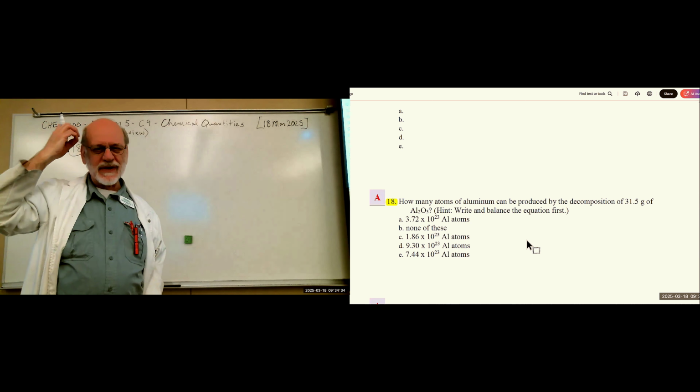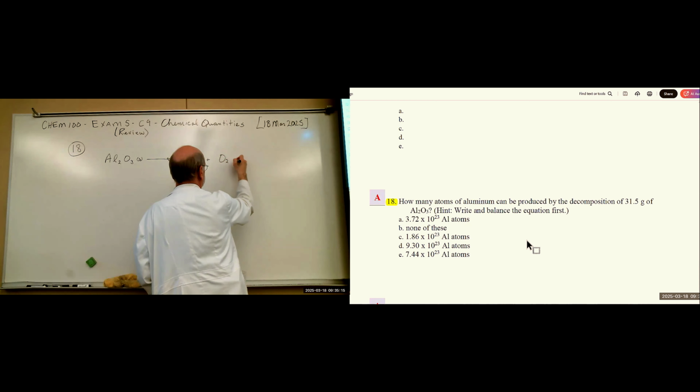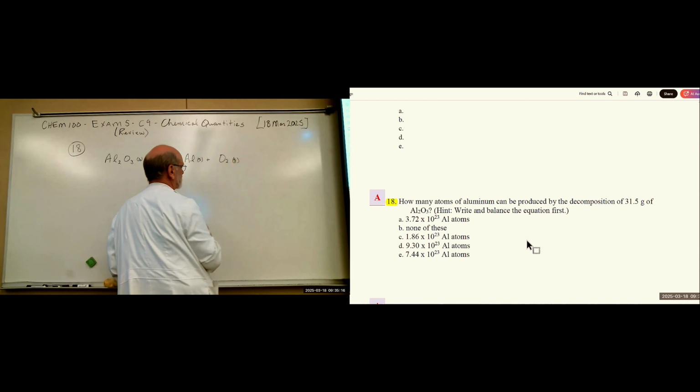We're going to make elements out of this compound. So we have aluminum, metal, and what is oxygen in standard conditions? Standard temperature and pressure, oxygen will be O2. If you don't remember that, then you cannot answer this question.